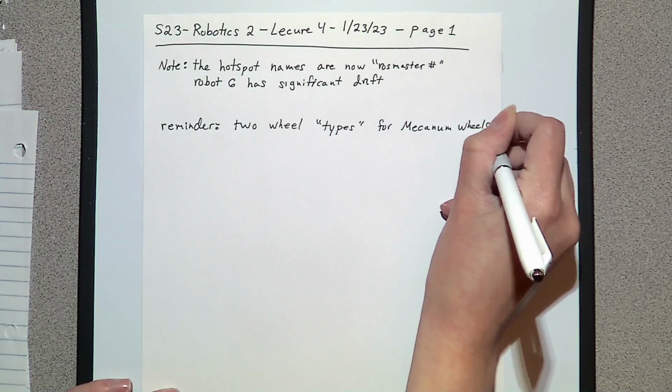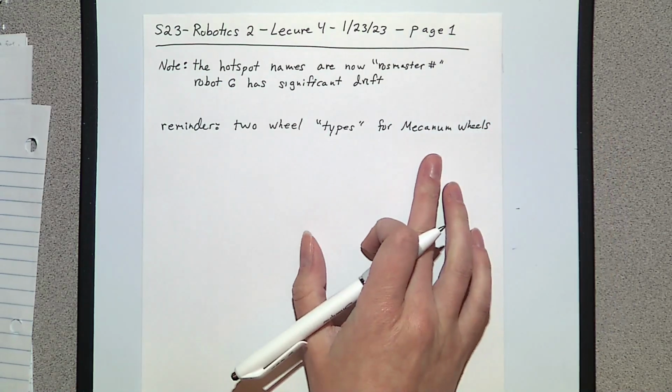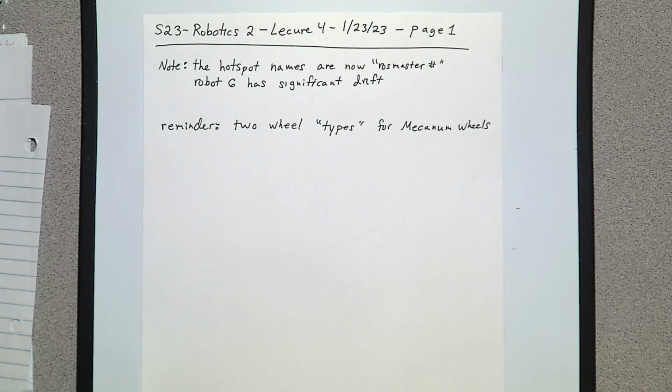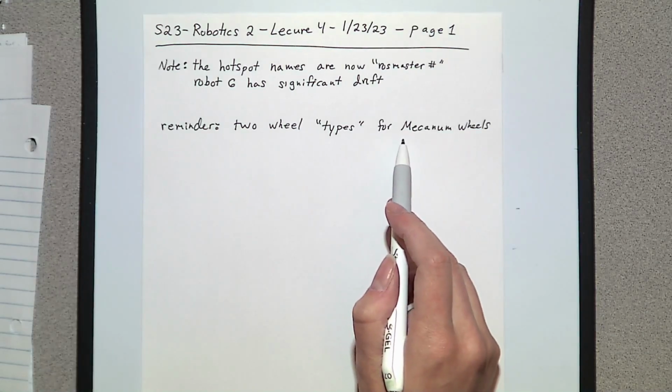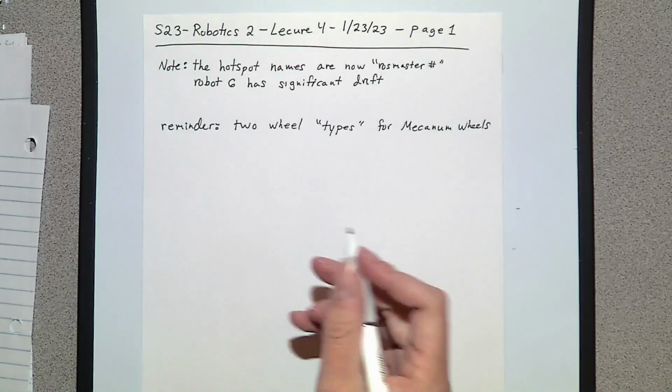The Mecanum wheels are a specific case of the Swedish wheels. So those are wheels that have rollers on the outside perimeter of a standard wheel. And the Mecanum wheels have those rollers at an offset of 45 degrees from the wheel plane.